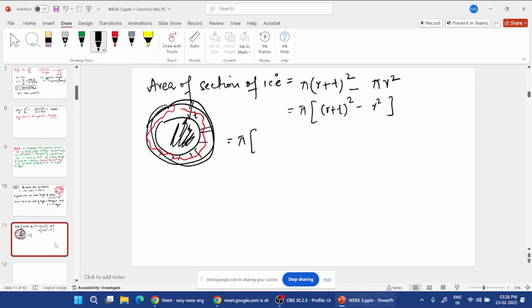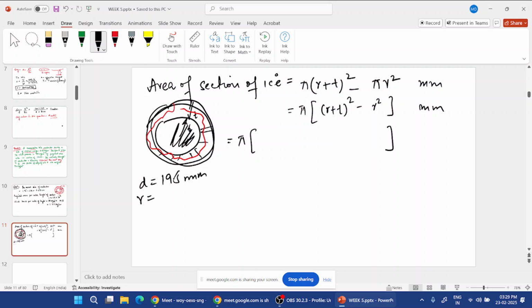Just a second. What is R? Okay. So R here, let's take in mm. Let's take this calculation in mm. After that we will change into centimeter. So what is R in mm? D is 19.5 mm.